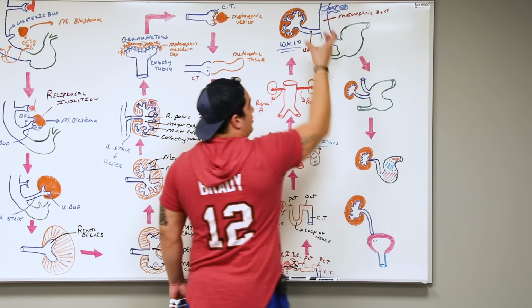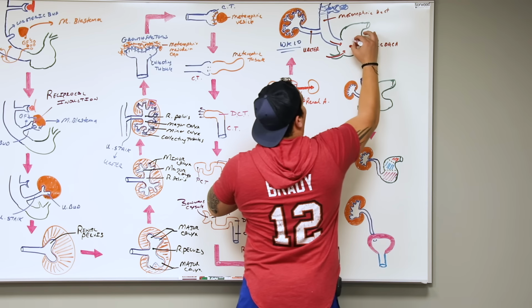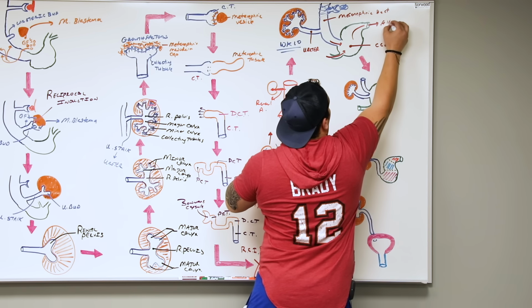This was the structure that was draining urine from the mesonephric tubules before week 10, making urine. Both of these empty into what is this structure here? The cloaca. And again, the cloaca is getting urine from this structure and getting poop from the hindgut, emptying it out via the allantois.